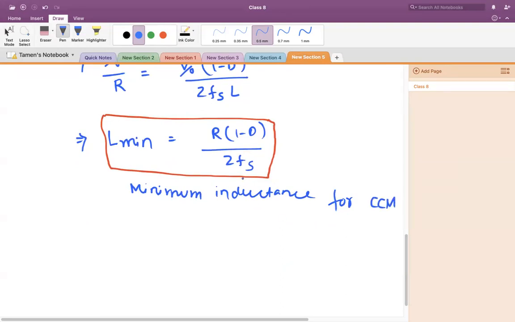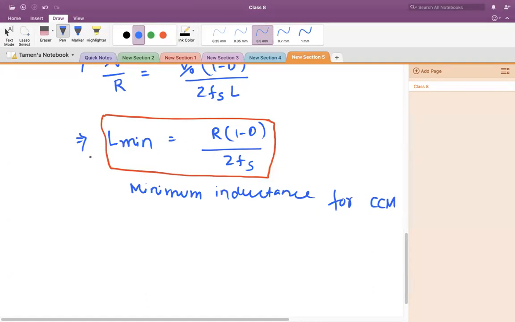So whatever circuit we design, suppose we know R is 10 ohm. We need to operate at a duty ratio, suppose maximum 0.6 or 0.5. We know the switching frequency, 15 kilohertz. By putting the values, we'll get an L minimum value. So we need to put that L value in our circuit. If the L minimum value is exceeded, then the circuit will operate in CCM.